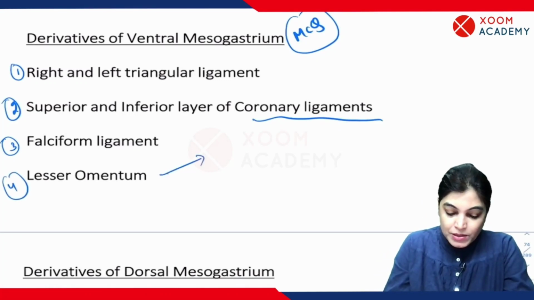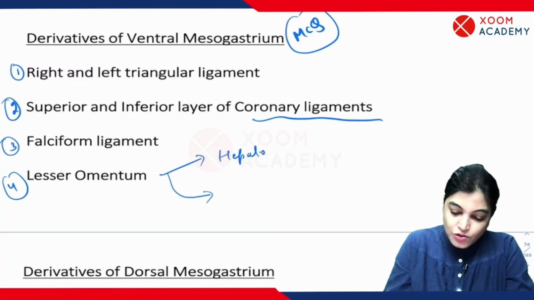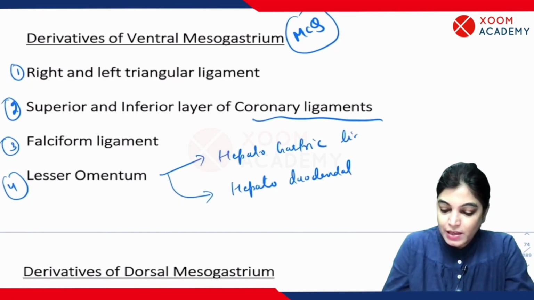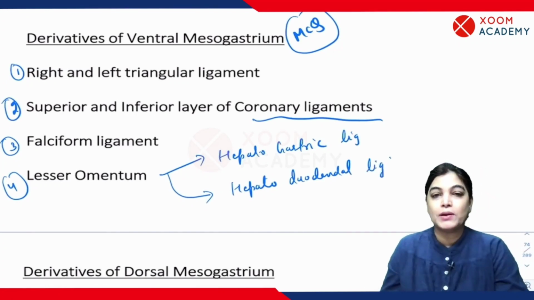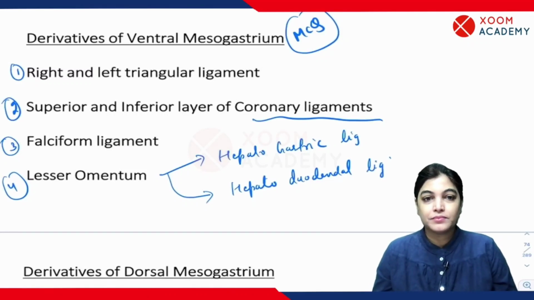The lesser omentum also has two parts: the hepatogastric part and the hepatoduodenal part, that means the hepatogastric ligament and the hepatoduodenal ligament. These are all the derivatives of the ventral mesogastrium.